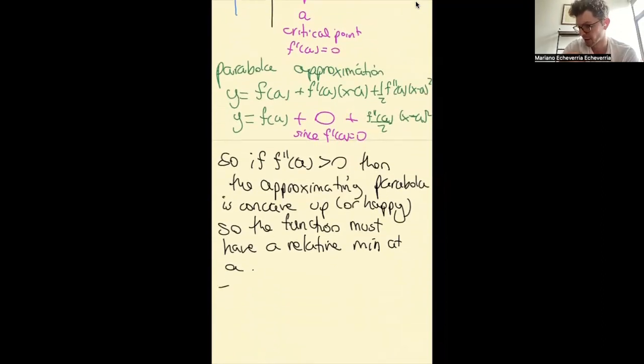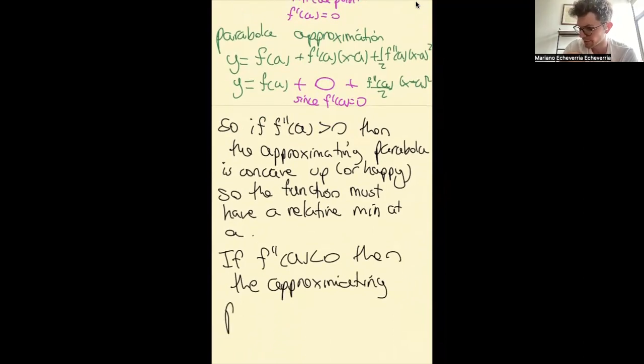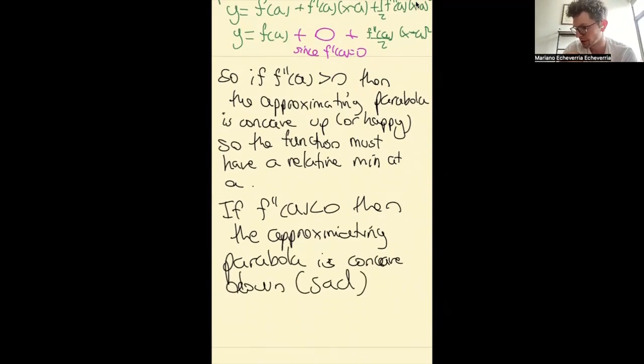So if f double prime of a is negative, then the approximating parabola is concave down, sad, and the function has a relative max at a.